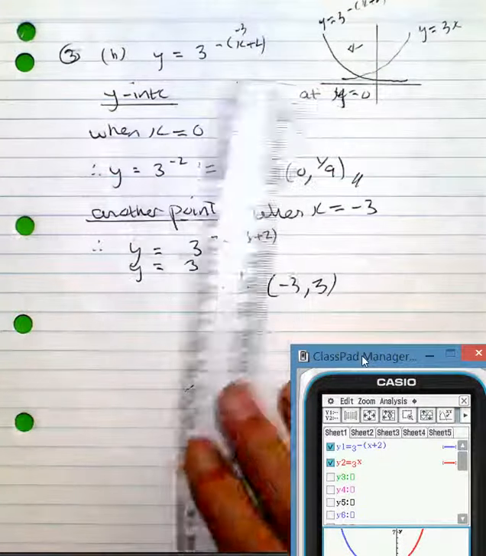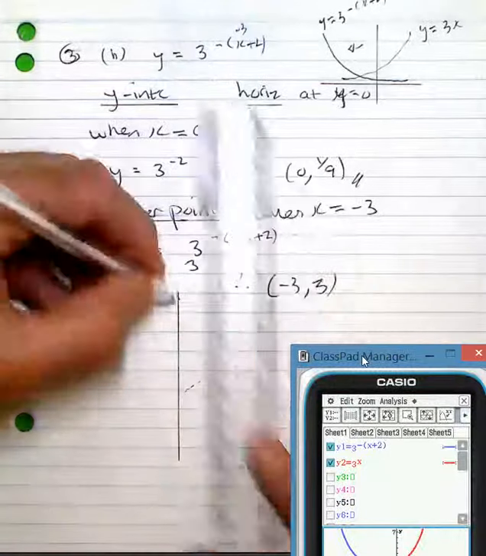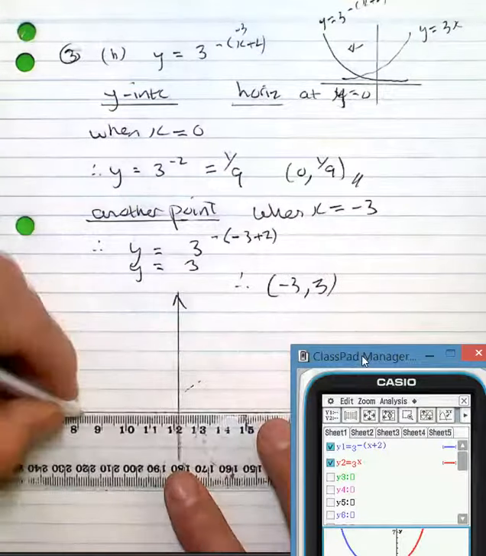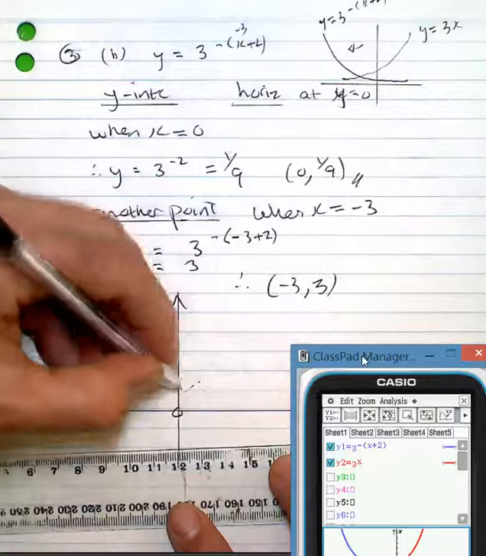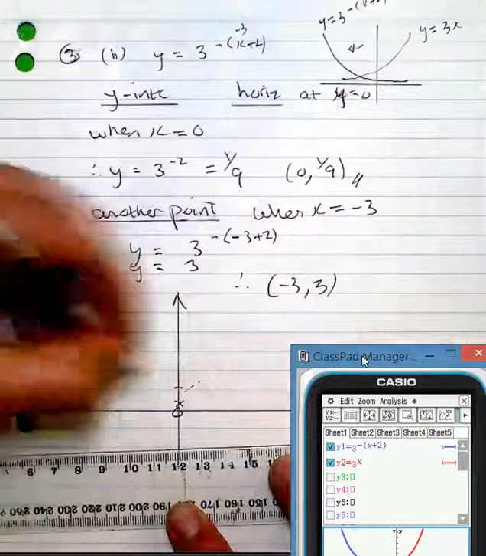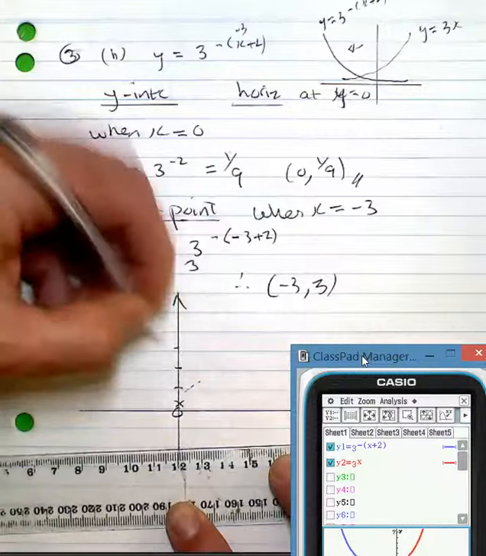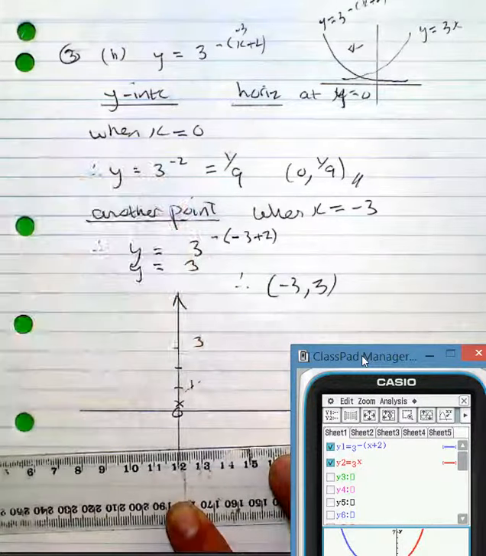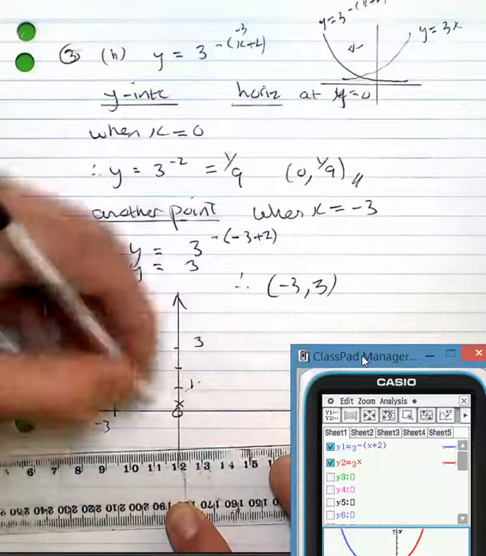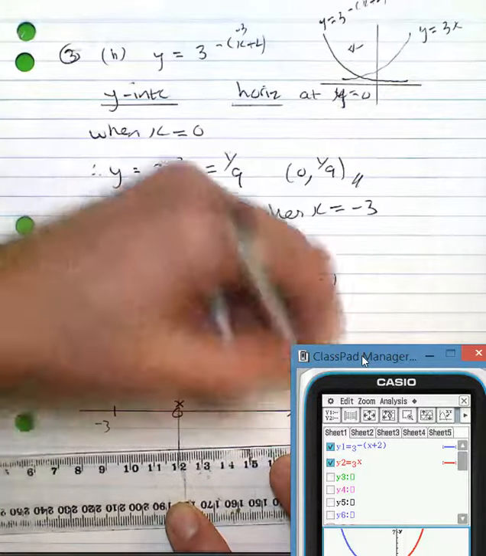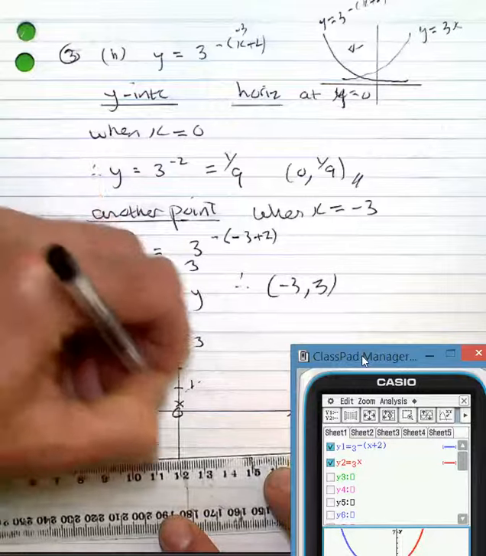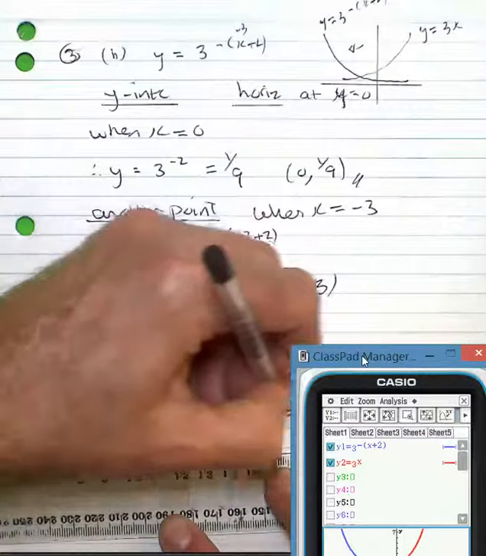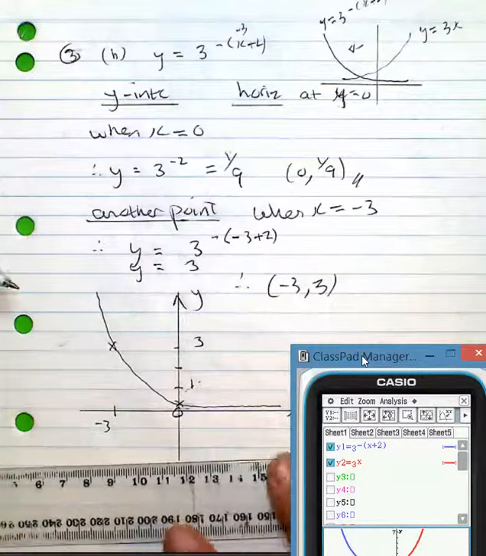With that information, I can then sketch up my graph. Now, it's kind of hard to show a 9th. My graph is obviously almost touching the x-axis, but never ever.